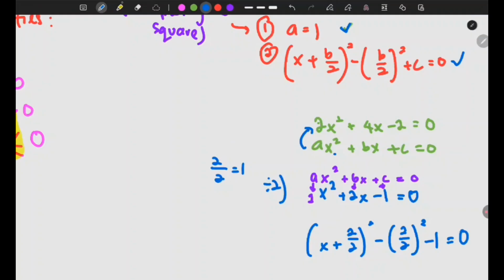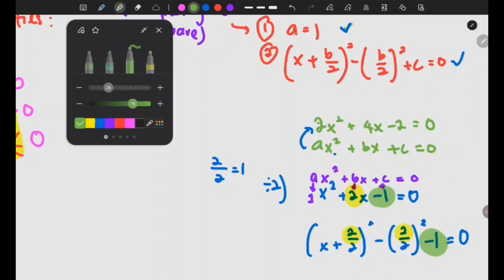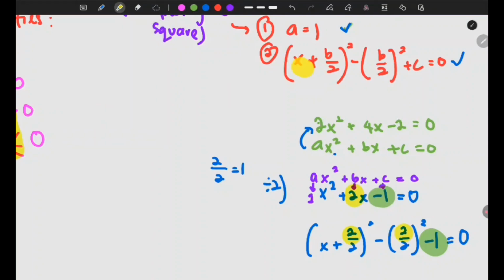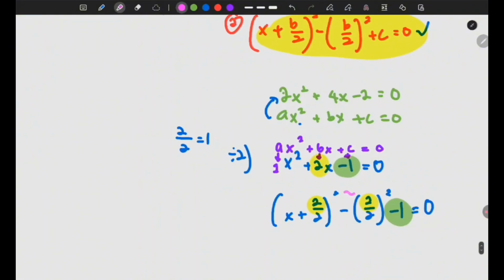Your b is equals to 2, which is this, and your c is equals to negative 1, which is this, and the remaining all I just take from the formula, which is this. And then solve this. You just need to press your calculator, this entire thing. Solve this in your calculator, find the value of x.